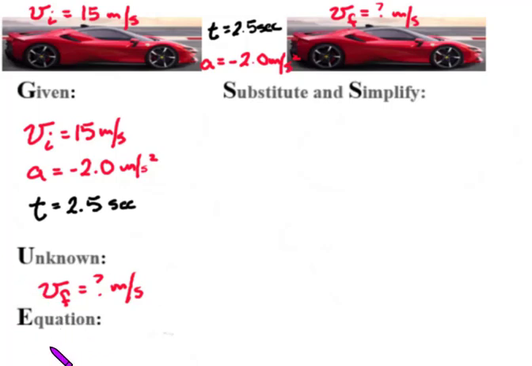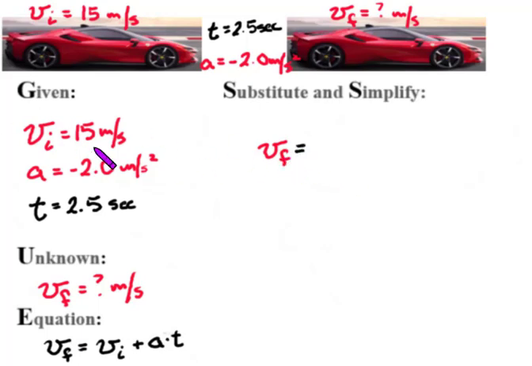So if I use the rearranged equation, velocity final equals velocity initial plus acceleration times time. Alright, I don't know what velocity final is, so I'm going to write it again.